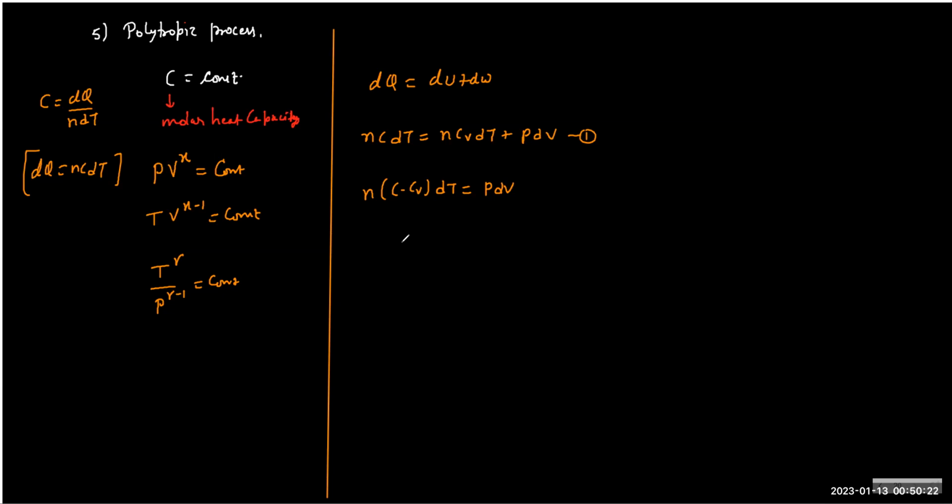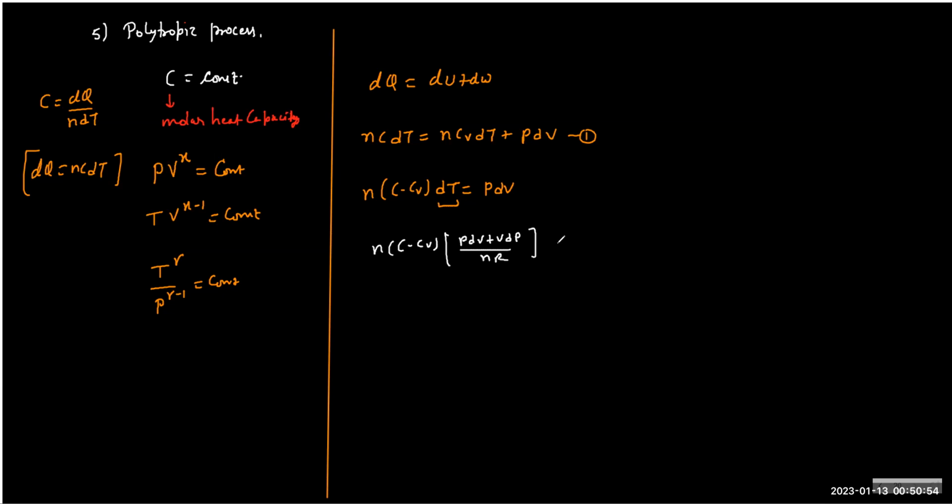We have to use the ideal gas equation to replace this differential, because we want differentials in which two terms? P and V, right? So n(C minus CV) and PV equals nRT. So P dV plus V dP upon nR is dT. I can add this directly.